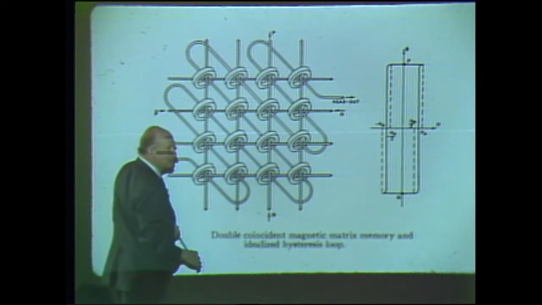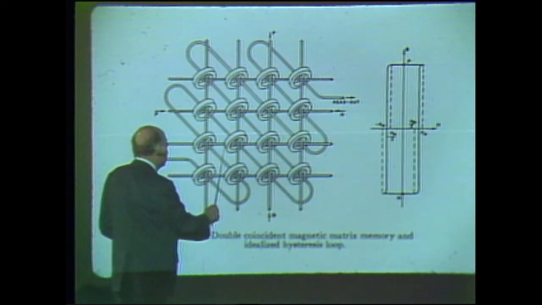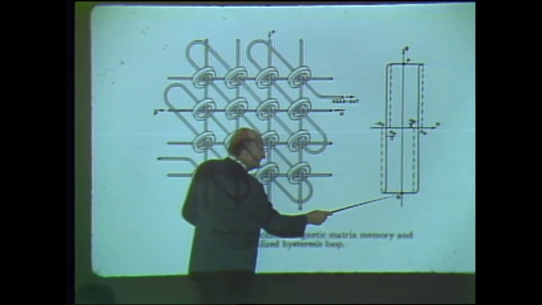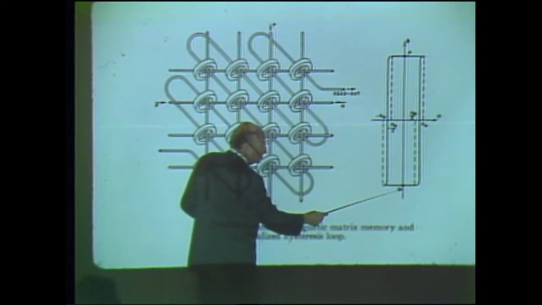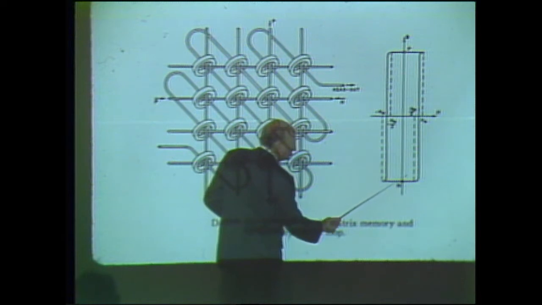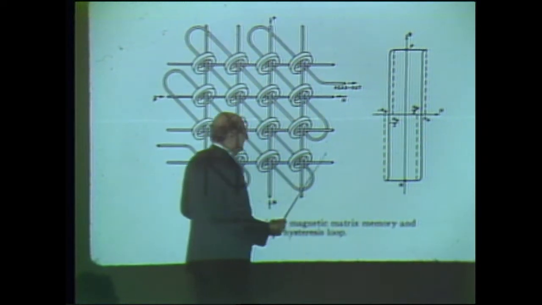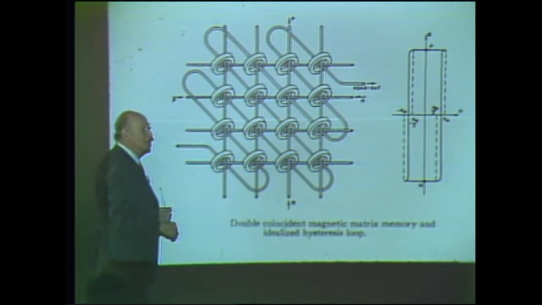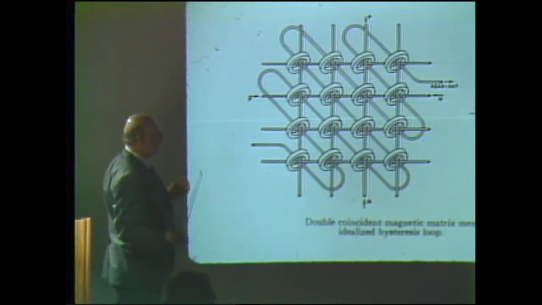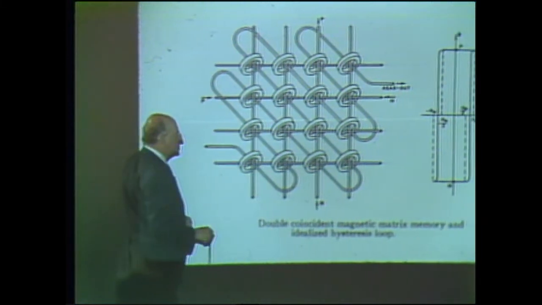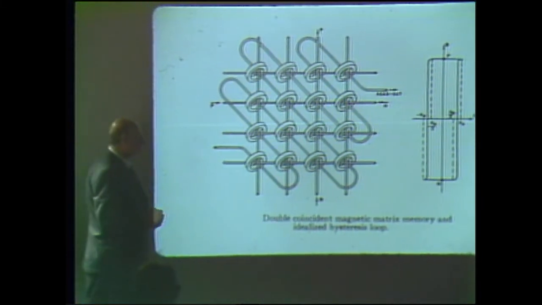But the trick is that they shouldn't switch any other core. You want to switch this one, but no other. And therefore, if the loop was not square, if the loop was, say, like this, then in fact you would change it, and you would gradually demagnetize the cores, and you wouldn't keep it. So in order for this to work, the hysteresis loop has to be square.